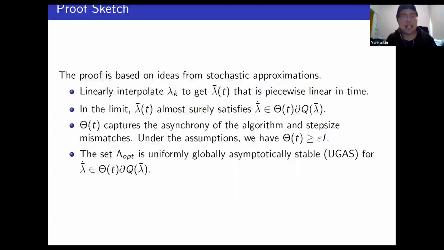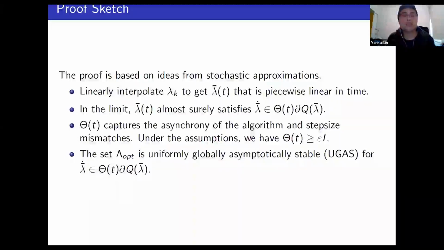Once you have these conditions, you can use Q minus Q star as your Lyapunov function to show that for the differential inclusion here, in the second bullet point, the set lambda opt is uniformly globally asymptotically stable, that is, UGAS. So that's the stability proof for this differential inclusion.